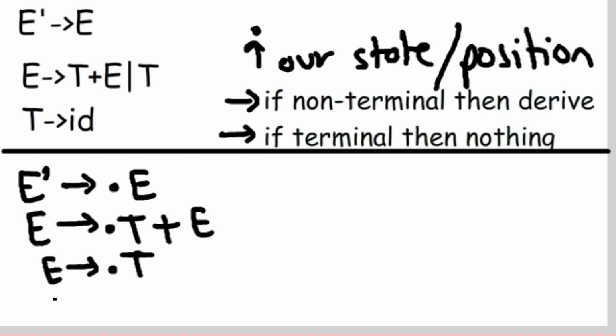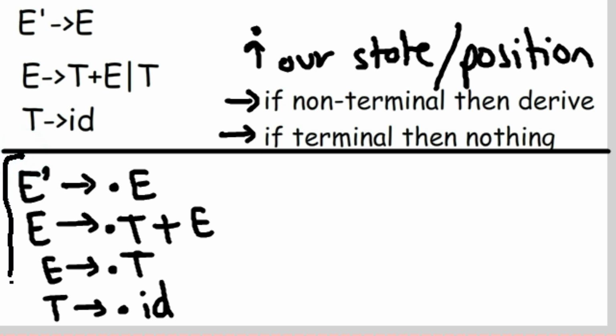How do you derive T? Just look at this T. This T says that T tends to ID. So you successfully derive T as T tends to ID. And then you have to give a dot here. So this is how you create your first step. And this is also known as the first state.